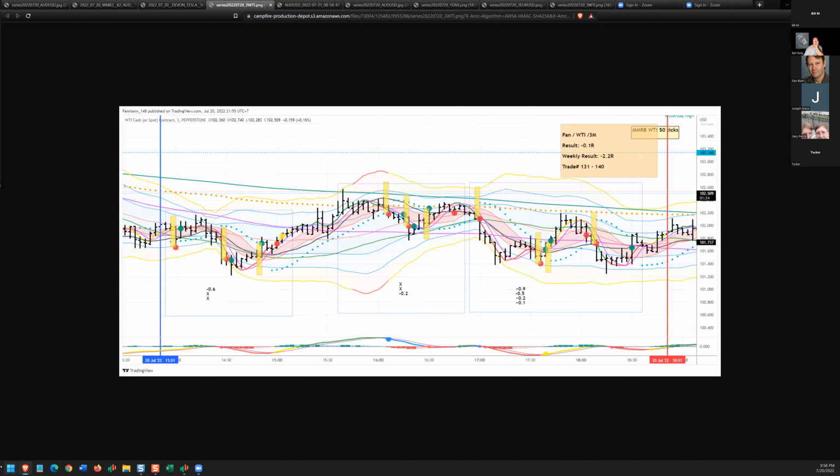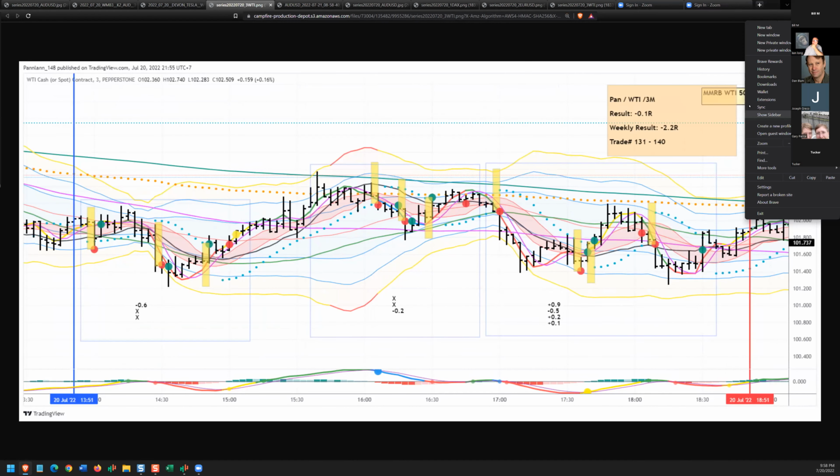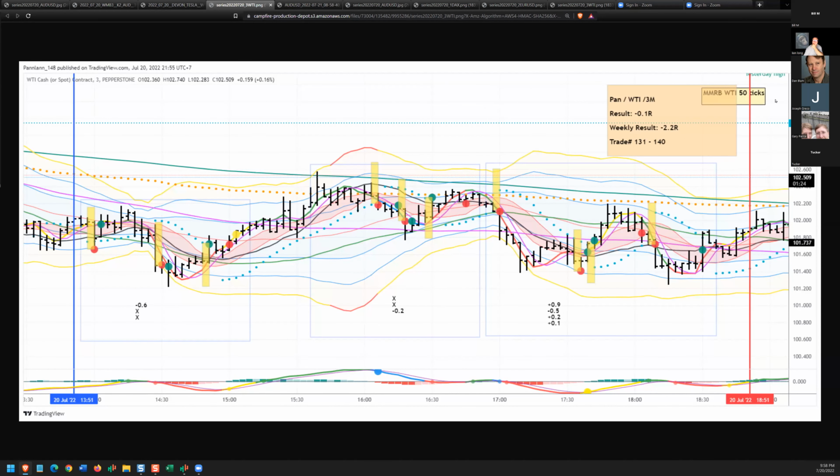This is on the WTI cash. Reasonable effort. When this one breaks, we can be short in here when that Z3 line breaks.